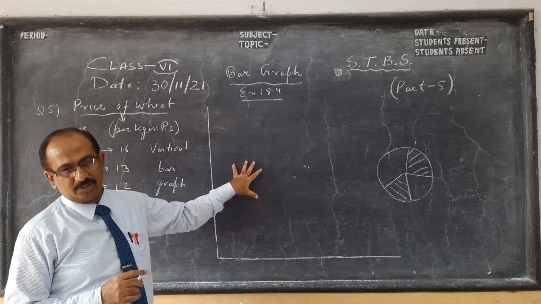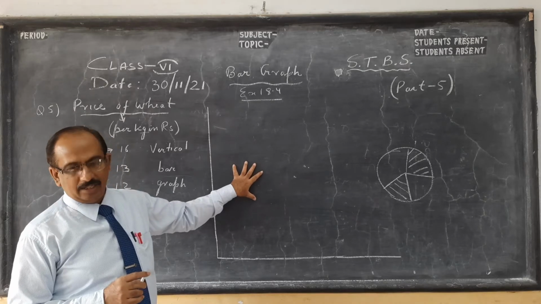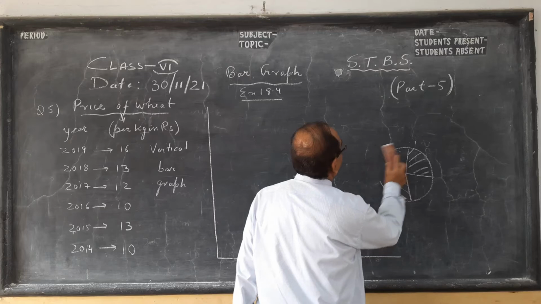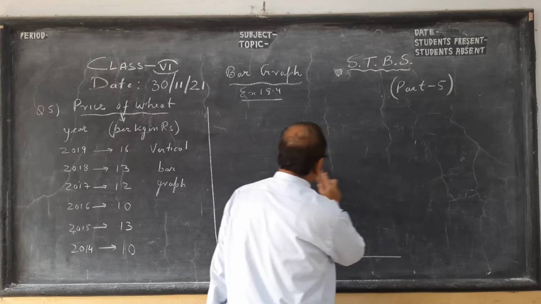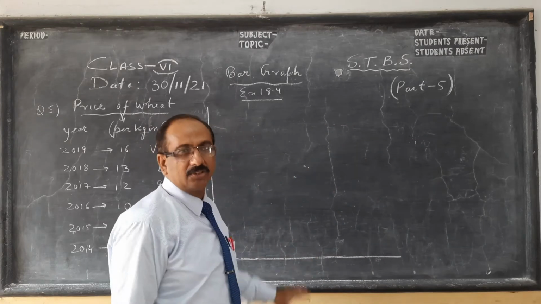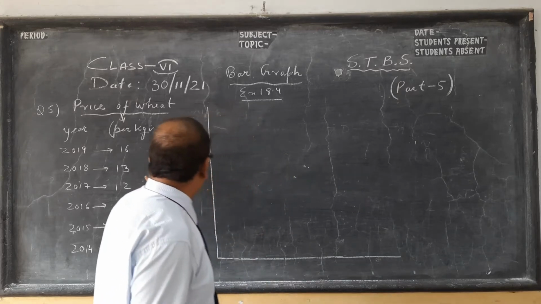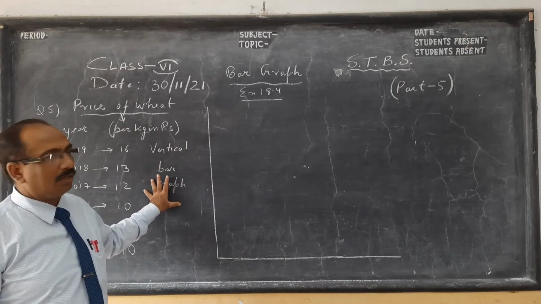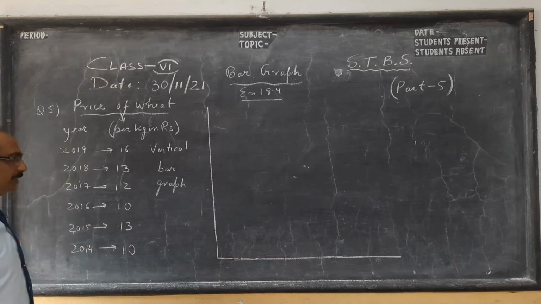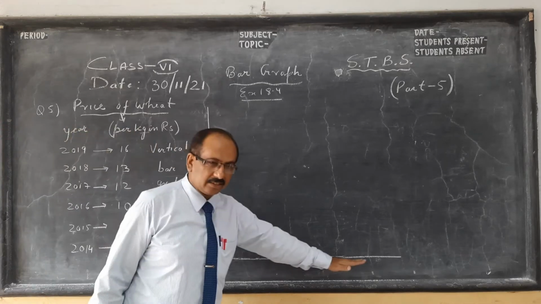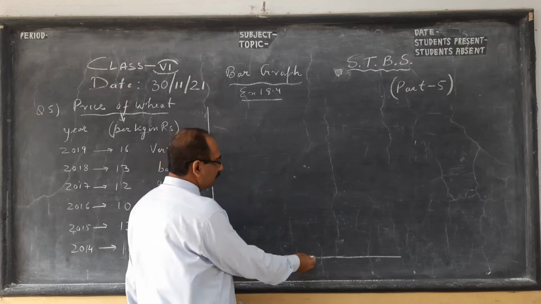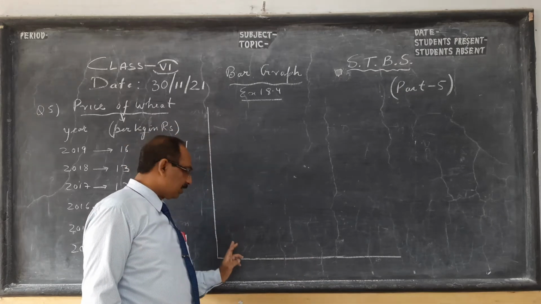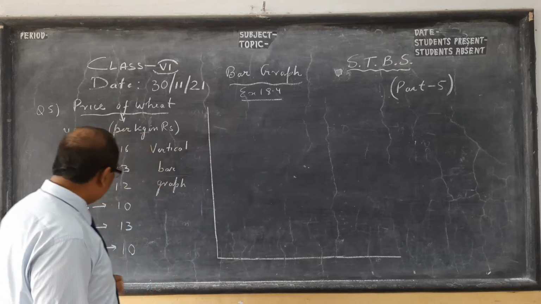Let me do this too in this video, and if needed, I may make another part, but I think one question on horizontal and one on vertical will give you an idea how to draw a bar graph. So here, children, this is called the x-axis and this is called the y-axis, and they are perpendicular to each other. They are 90 degrees to each other.